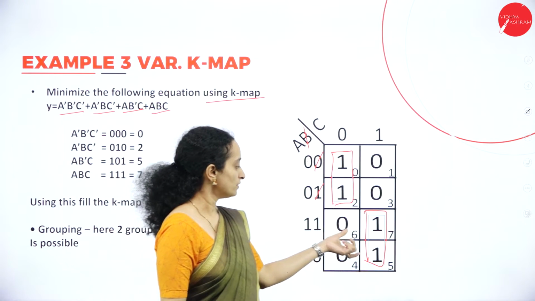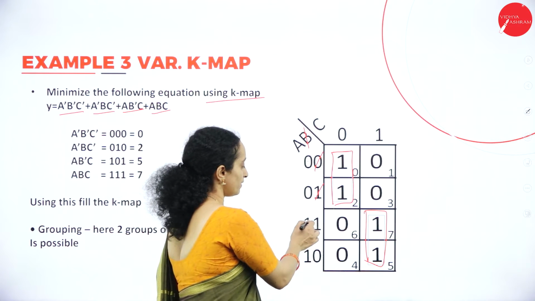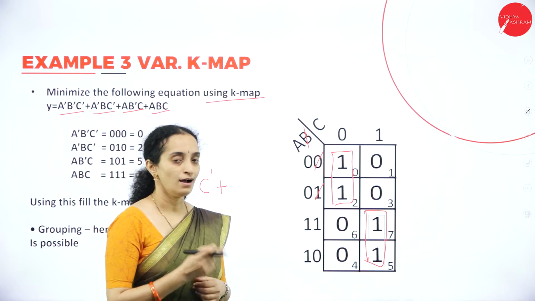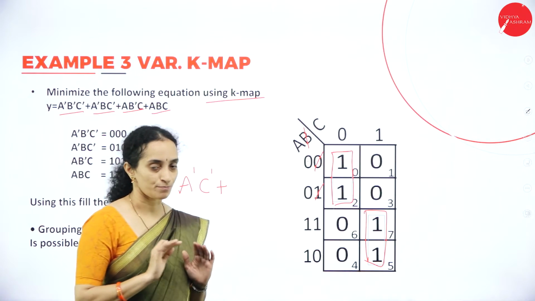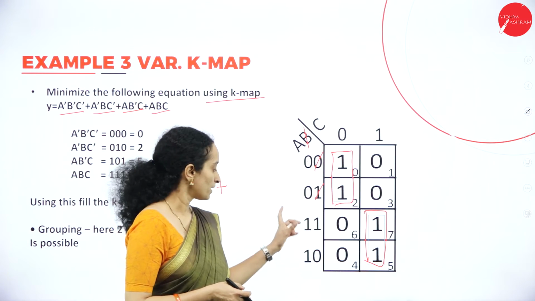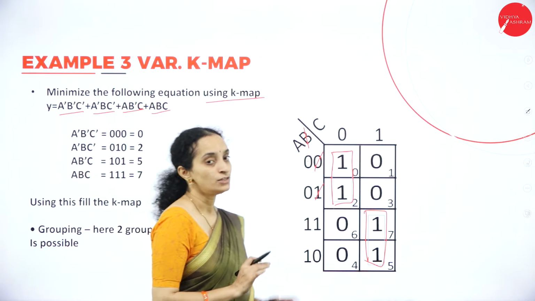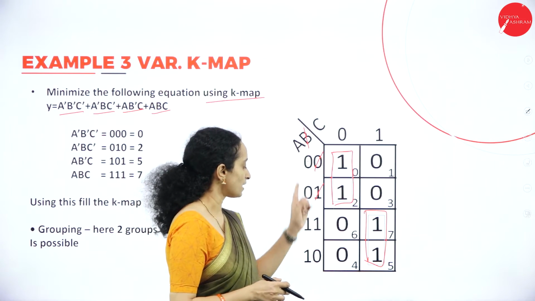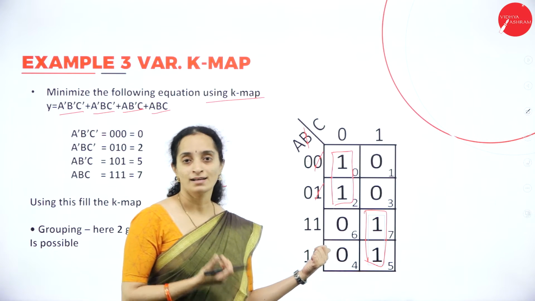Okay. Now, check again with all the 3 variables. Again, A is not changing the value. That means the complement and non-complement form is not present. It is retaining the state, non-complement form of A. So, you cannot cancel the variable A. Next comes B. Yes, B is changing the state.